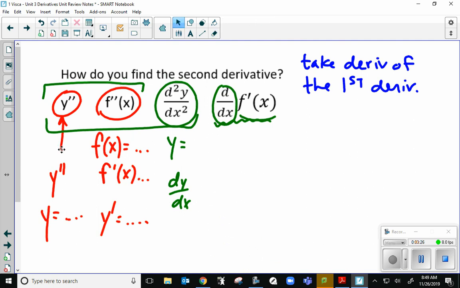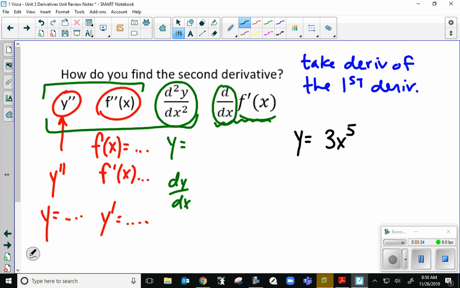All right, so let's say I'll use y. Y equals 3x to the fifth. Well, I can find the first derivative, the power rule. My 5 comes down, and I subtract 1, so I got 15x to the fourth. I can take the derivative of the first derivative. That would give me the second derivative.